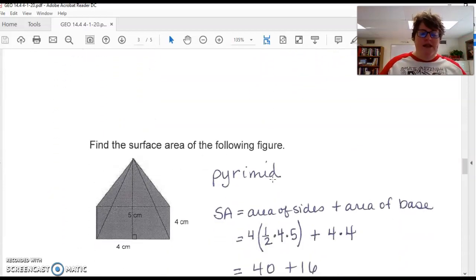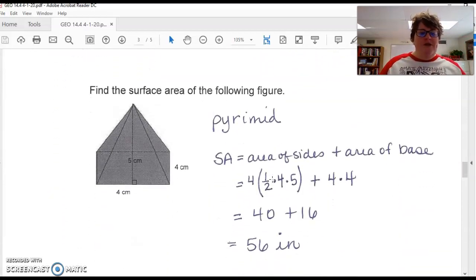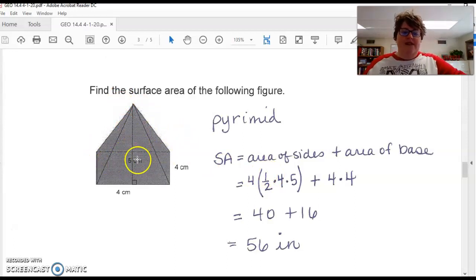Okay, some examples. So we have a pyramid here. So for our pyramid, we want the area of the sides plus the area of the base. So area of the sides is by 4 triangles. So 5 is my slant height here, or the height of that triangle, not the height of the pyramid. So I have 4 triangles and then 1/2 base times height.